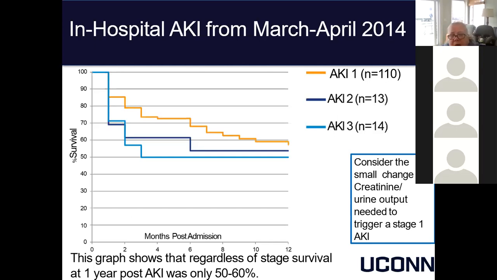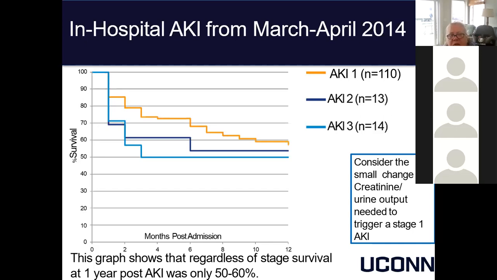So this isn't recent, as you can see. It's from 2014, but it's still sort of significant that hospitalized patients who suffer acute kidney injury, long-term survival is not great. It doesn't matter what level of acute kidney injury it is.